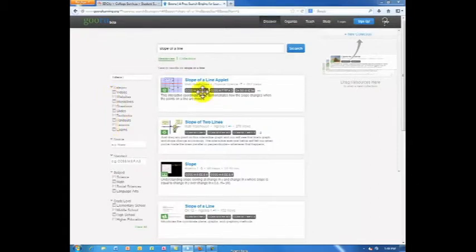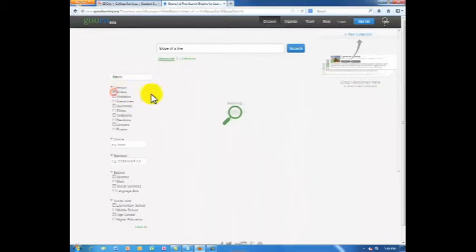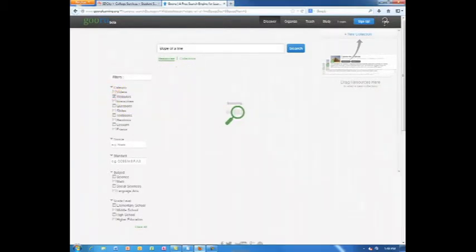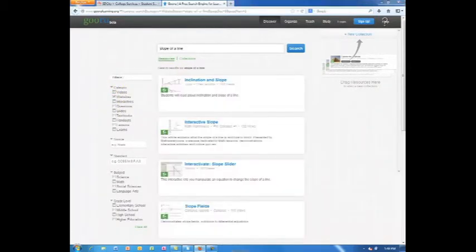You can choose to see videos for your topic. You can choose to see websites for your topic, or you can choose to see other sources like interactives, handouts, and exams.